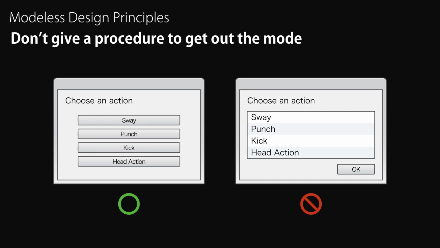But the right side is a bad way to express this kind of functionality. You have options, and you select one, and you need to hit the OK button to execute it. This is bad, because this means modal. You need to hit this button to get out of the modal.